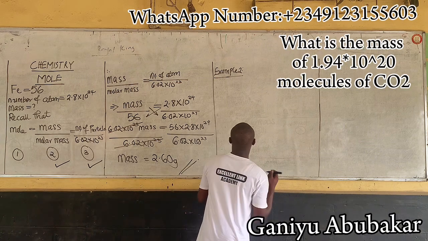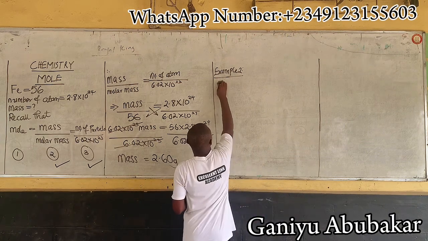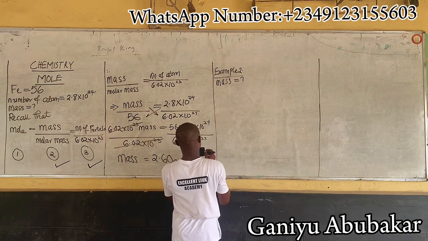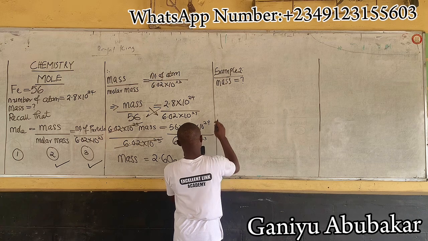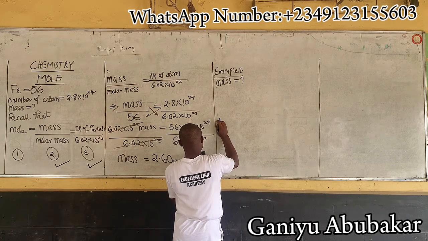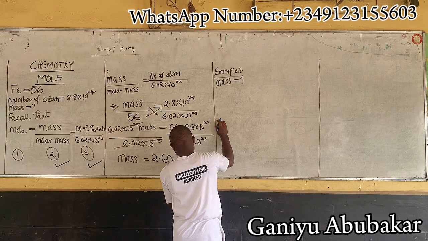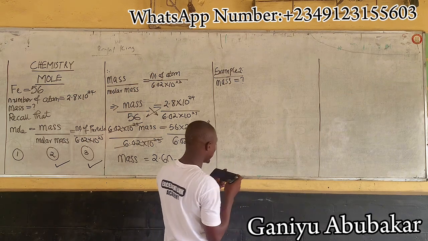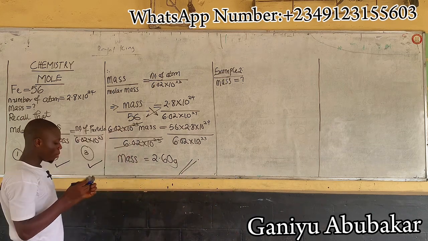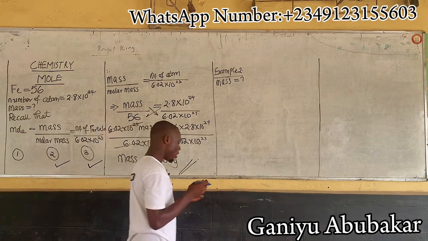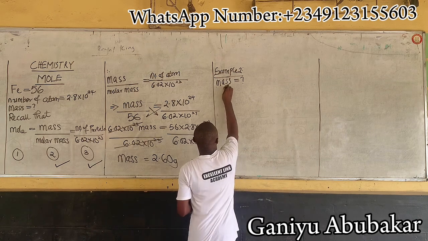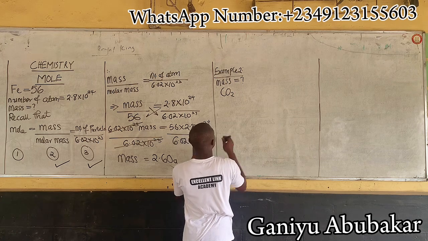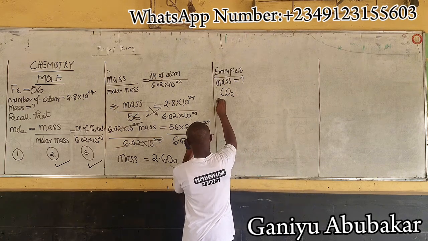So in this case, the compound given is CO2, and I'm given the number of molecules.